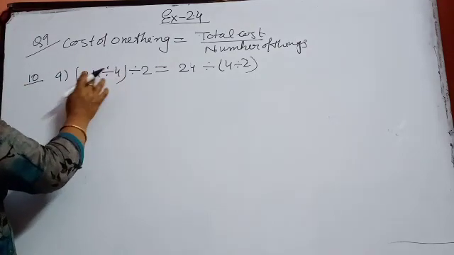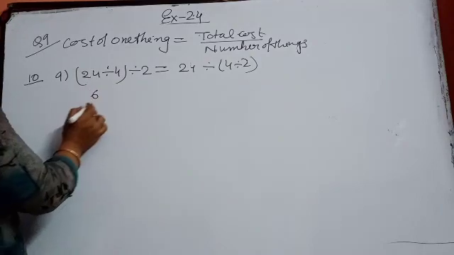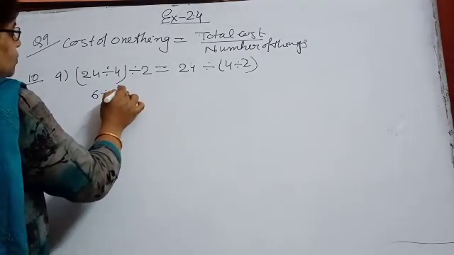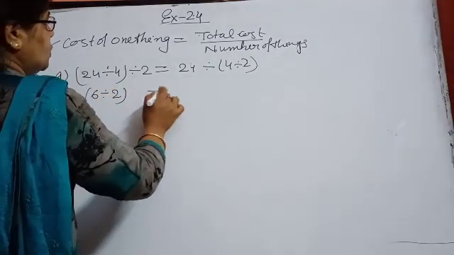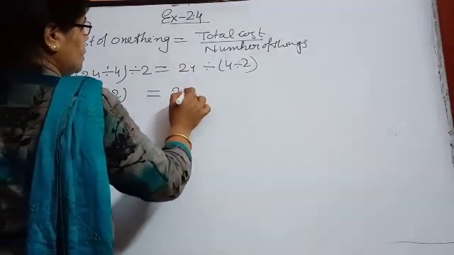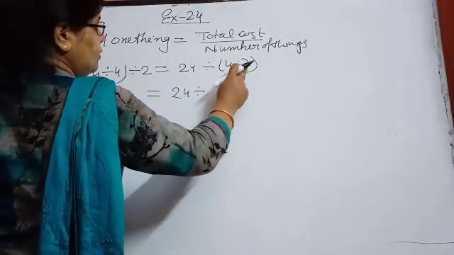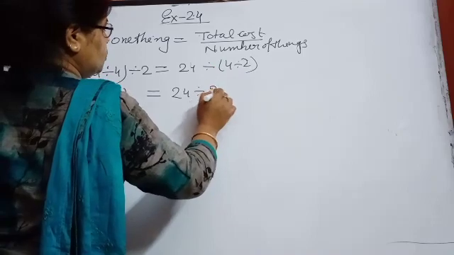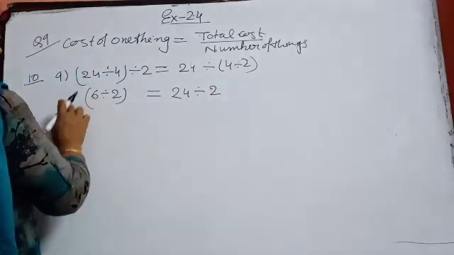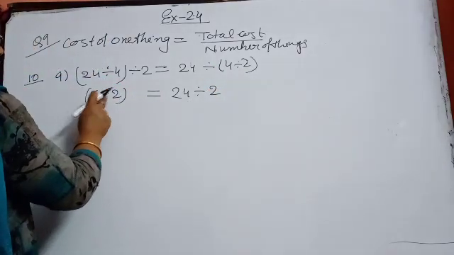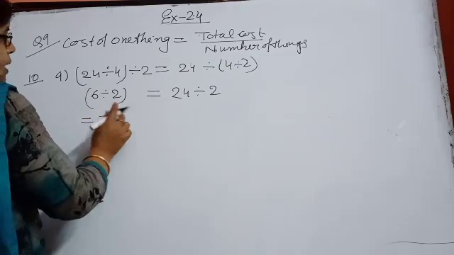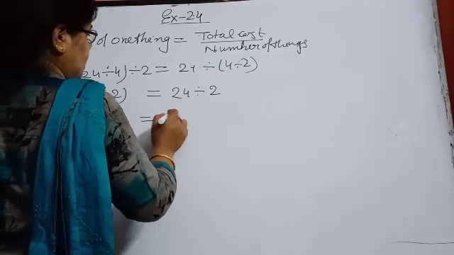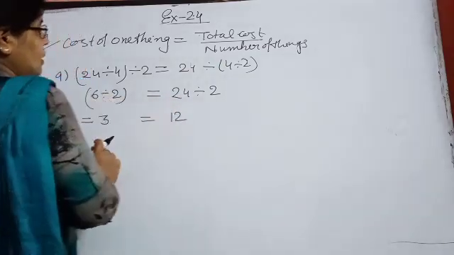So 4 sixes are 24. 6 will come as the answer. Then divide it by 2. Is equal to, here 24 divided by, if you divide 4 by 2, what will you get? 2. 6 divided by 2, what will you get? 3. And if you divide 24 by 2, what will you get? 12.